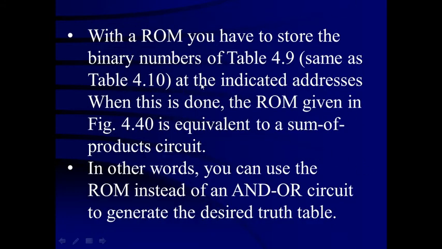With the ROM, you have to store the binary numbers of table 4.9, same as table 4.10, as indicated, at the addresses. When this is done, the ROM given in figure 4.40 is equivalent to the sum of product circuit. In other words, you can use the ROM instead of an AND OR circuit to generate the desired truth table.